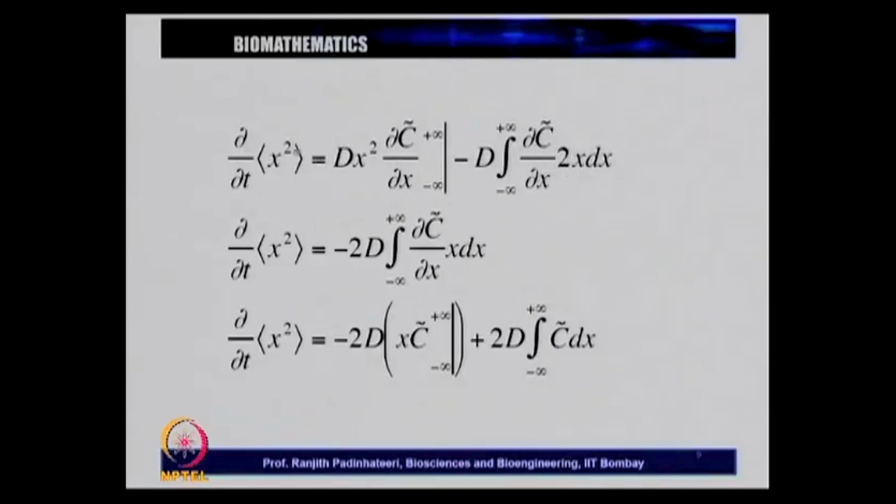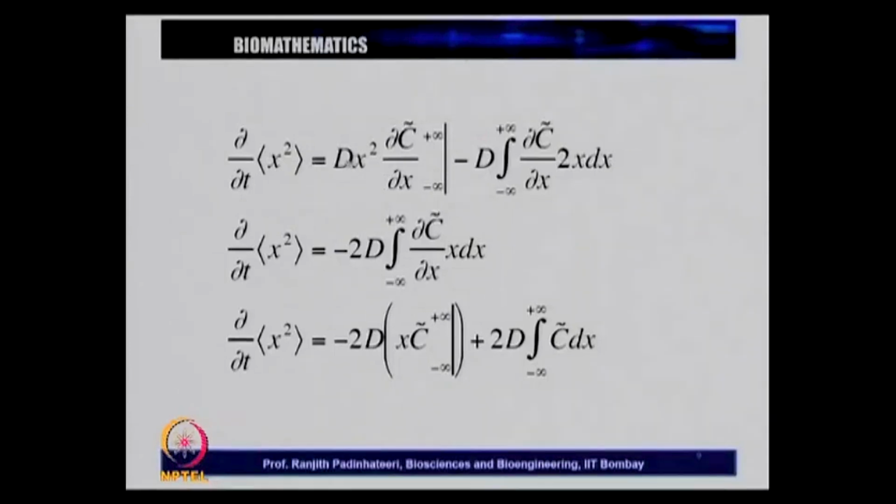If you apply that formula, that is integration by parts, and do that carefully, you will get exactly this. Take x square as u and del c tilde by del x as v, and you will get exactly this formula.